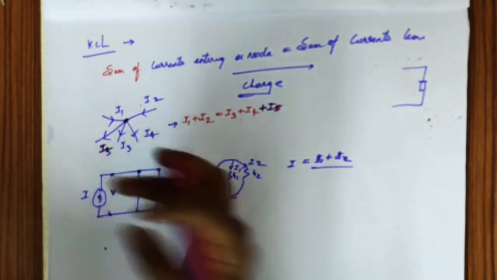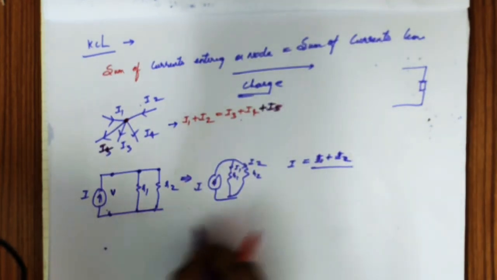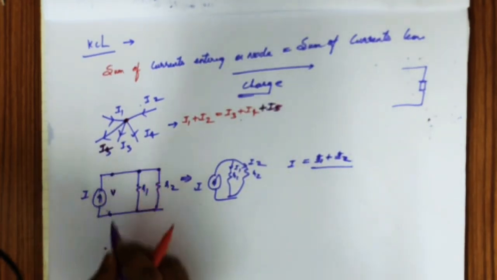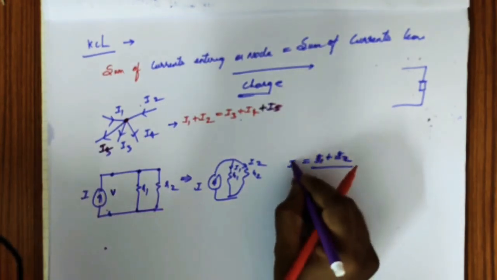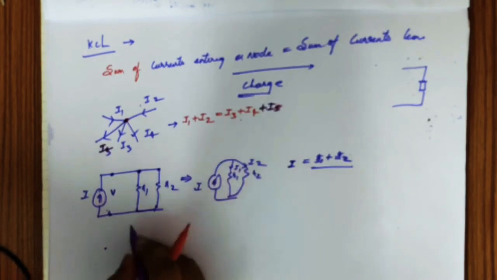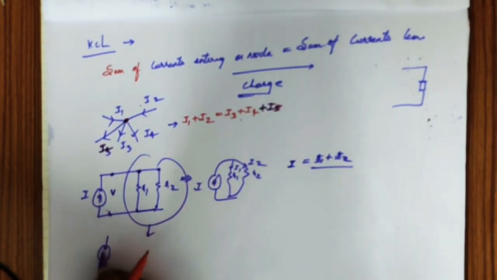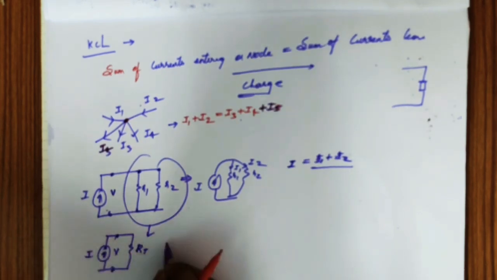If we take the voltage across this as V, every branch has this voltage. Now, if I represent this entire thing in this form, that is R total, the voltage across this is V. So by Ohm's law, V equals supply current into RT.